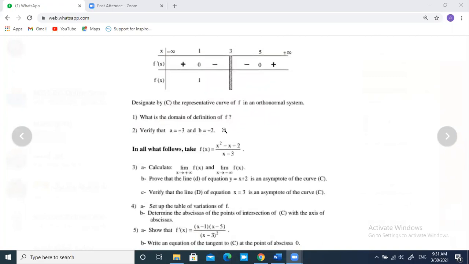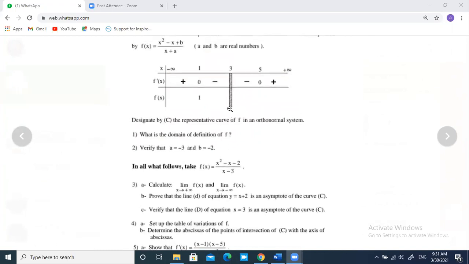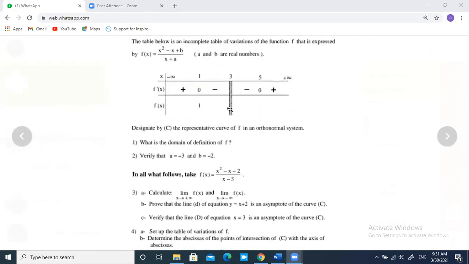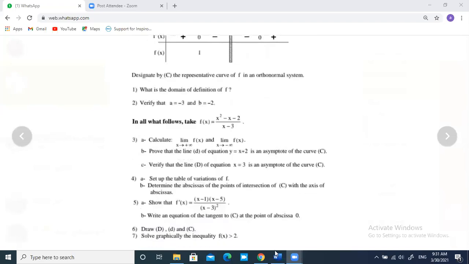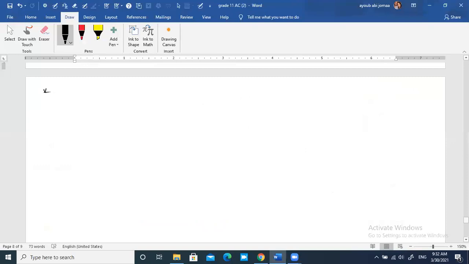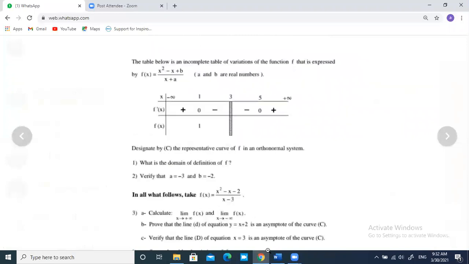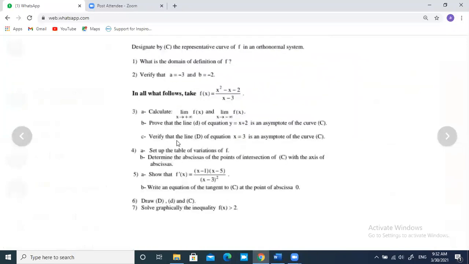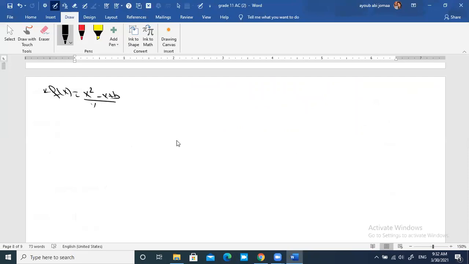Okay. Again, back here, the function f of x is x squared minus x plus b over x plus a.